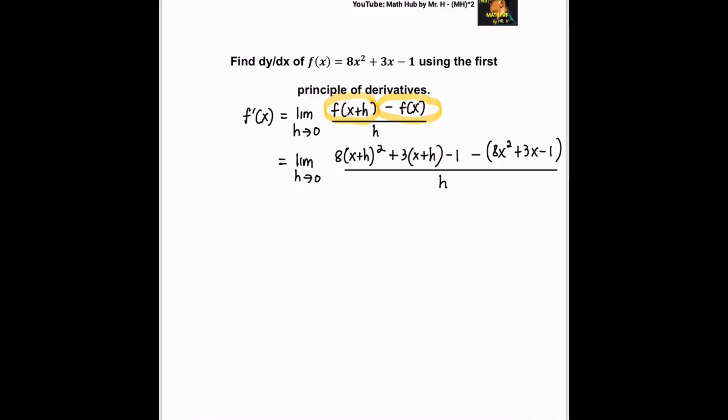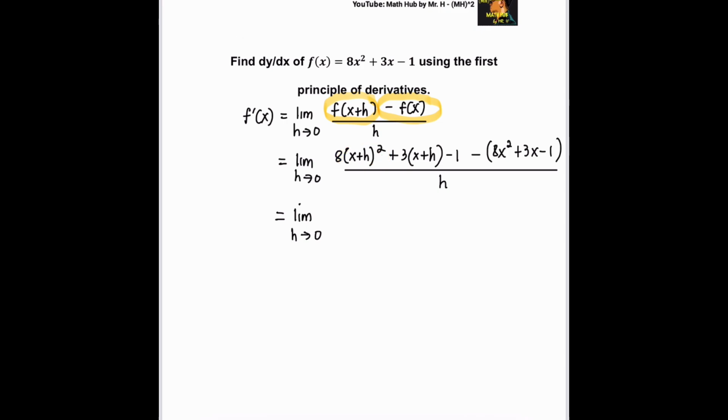All right. Now, so as you can see, the numerator, that's the next thing that we need to do. We need to simplify everything. So that's going to be equal to the limit as h approaches 0. Let's tackle this one first. So this part right here, which is quantity x plus h to the power of 2, and we can expand.